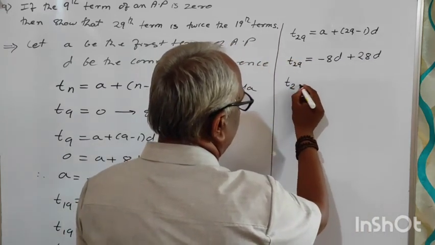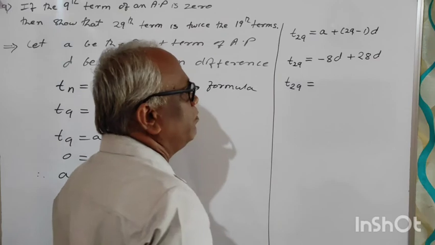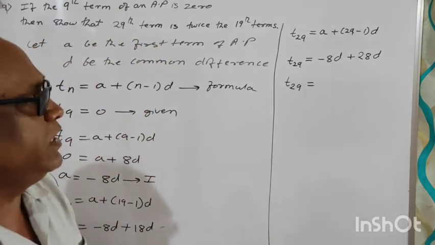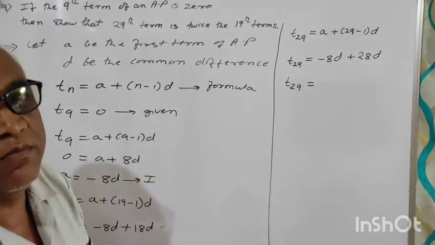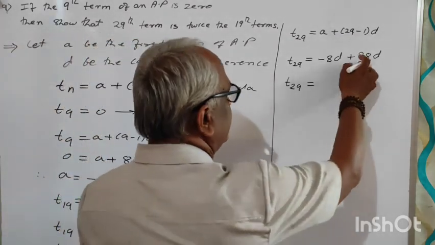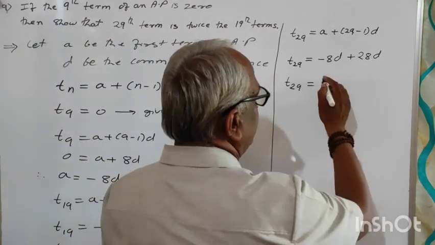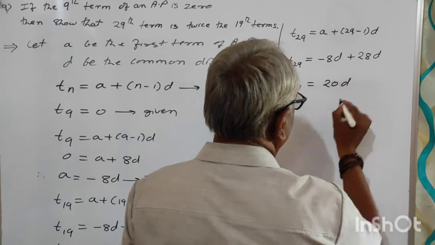So T29 is equal to minus 8d plus 28d, subtract it but keep the greater number's sign. Greater number is 28, so plus sign. 28 minus 8 is 20d.